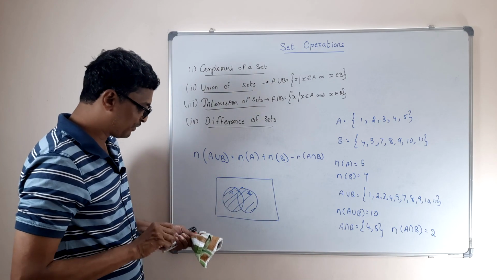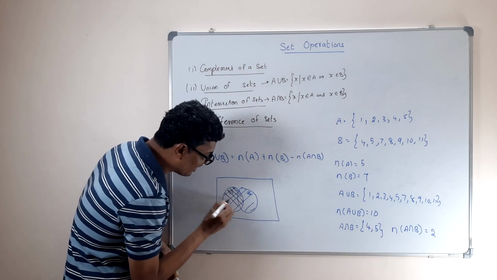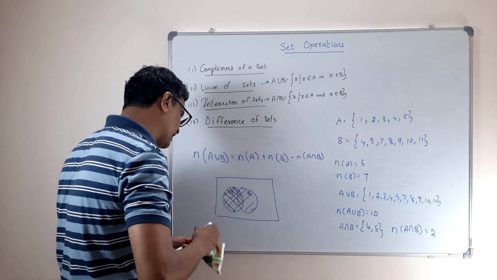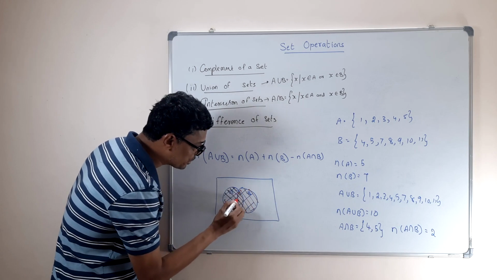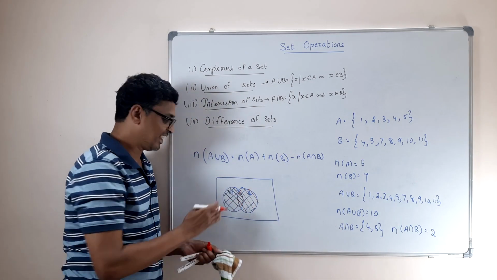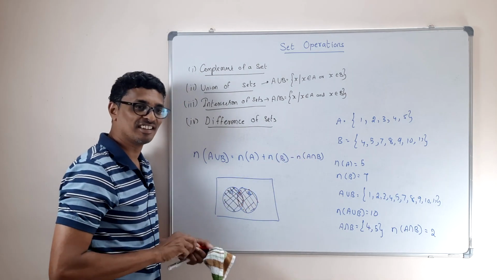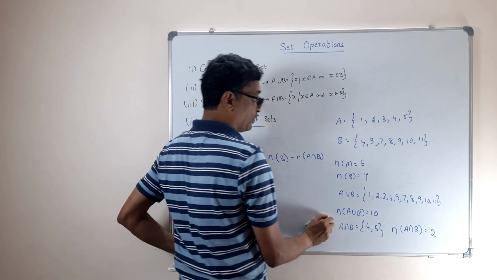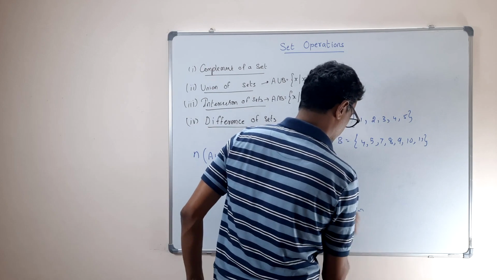For N of A, you add up the whole. And for N of B, you add up this also completely. So this portion you have double counted, so you have to subtract that. That is nothing but the intersection. Got it? That's what the Venn diagram is. When you look in the Venn diagram, these things are easy to understand.